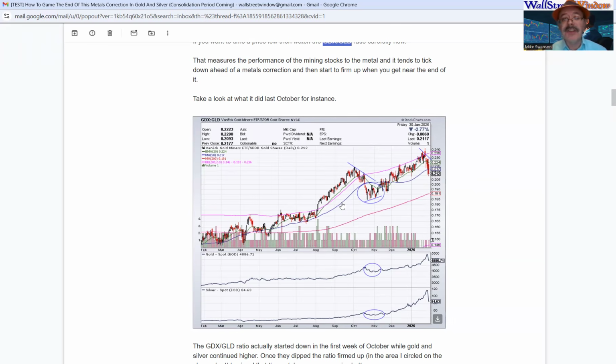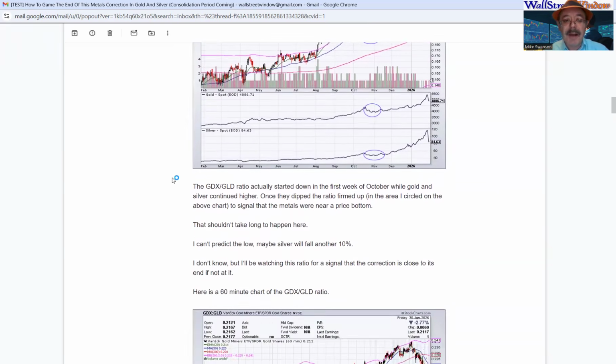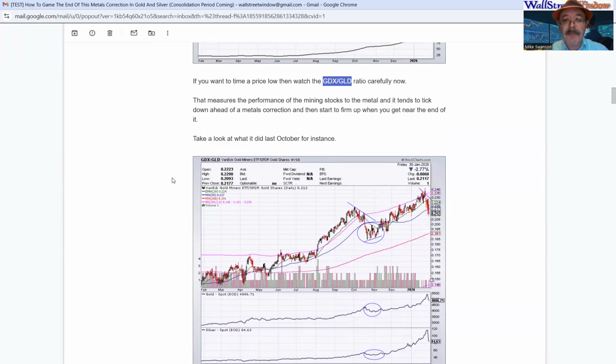It doesn't mean it's the ultimate bottom, but it means there's very limited downside when we see this ratio turn up. Now, obviously, it didn't do that on Friday, a big red bar down, but it could do it at any moment now. So this ratio is what I am now watching to signal a price low, either a bottom or a very imminent bottom in the metals market and mining stocks.